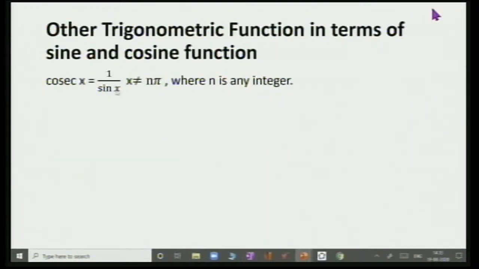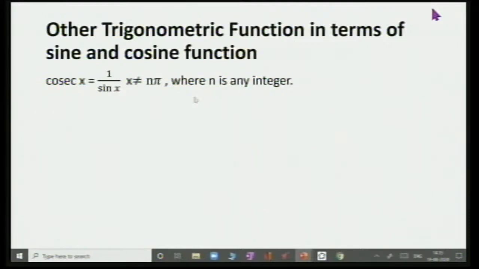So this means that wherever sine x is 0, cosec x will not be defined. And we have learned that sine x is 0 when it is n pi. So sine x is 0 at all the integral multiples of pi, 2 pi, 3 pi, 4 pi, and negative also. We have seen that there can be negative angle. If you take in clockwise direction, then the angle is taken as negative.